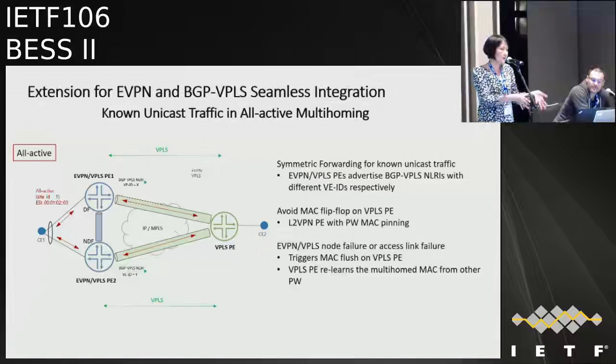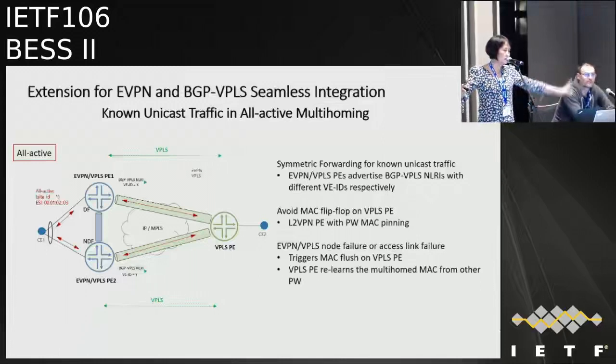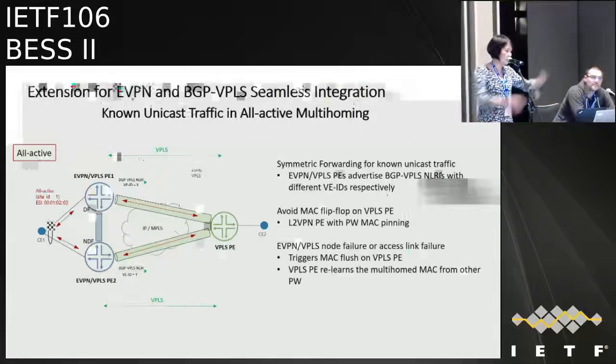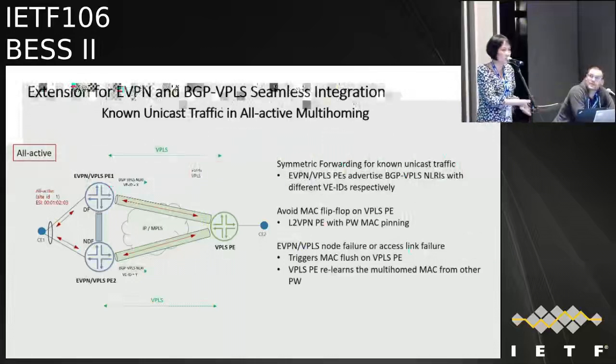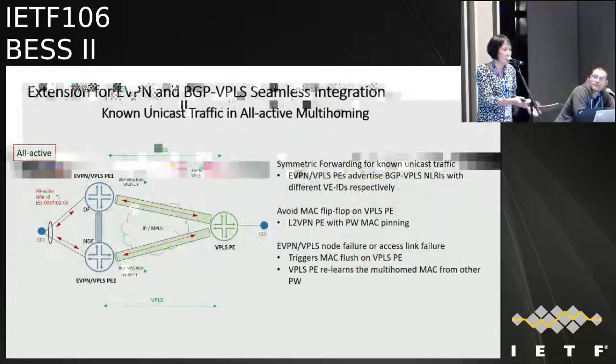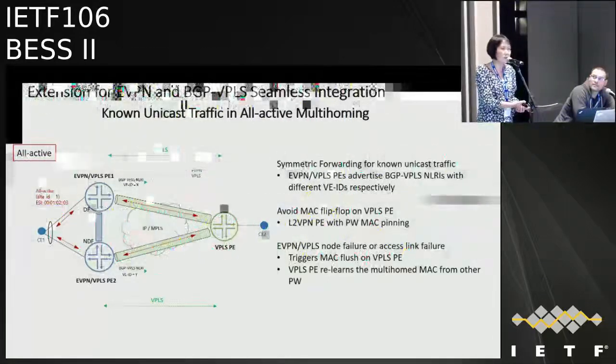When they upgrade the VPLS PE, which may be in another metro area, they do not need to go back to the first metro and touch their configuration, another qualification required. That's the main purpose, if the ultimate goal is to support active-active.